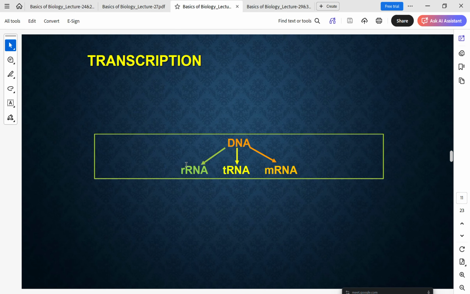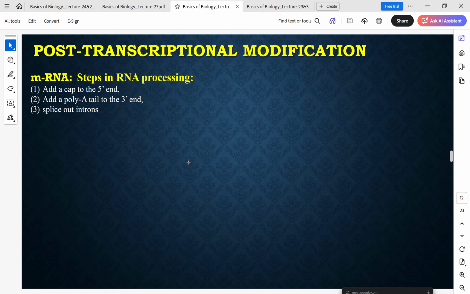We went through all of this. For mRNA, there are a lot of post-transcriptional modifications happening. There is an addition of methyl cap to the 5' end, a poly A tail to the 3' end, and the intronic regions need to be spliced out.